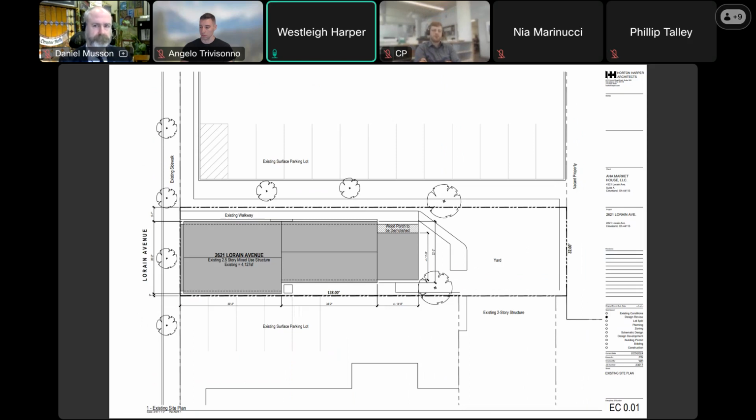And so in some ways, that acts as a hyphen between the existing structure and the new structure that will eventually go in the vacant space that you see to the right. Again, the existing structure, 2.5 stories, is roughly 4,127 square feet. Next.